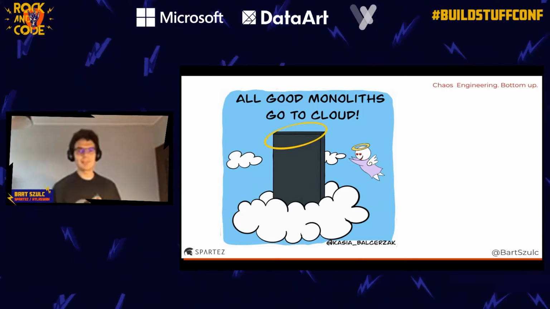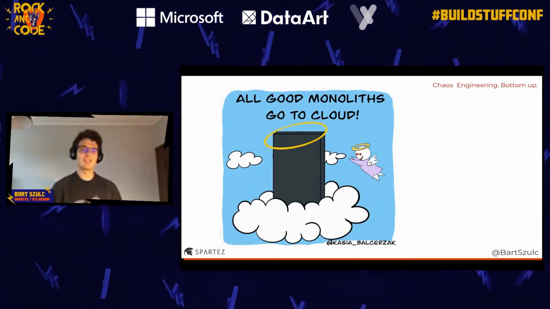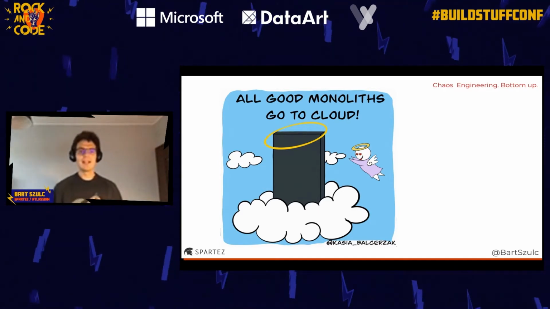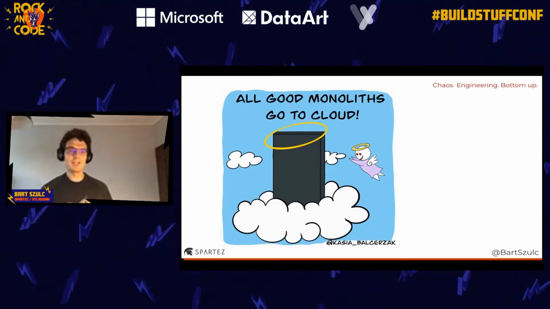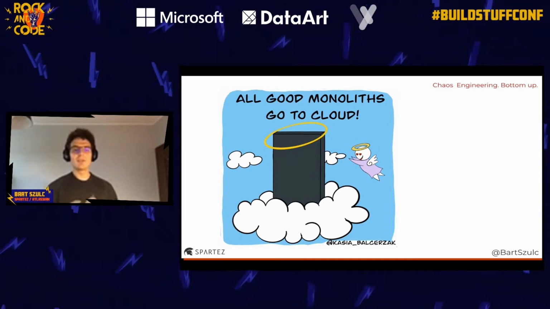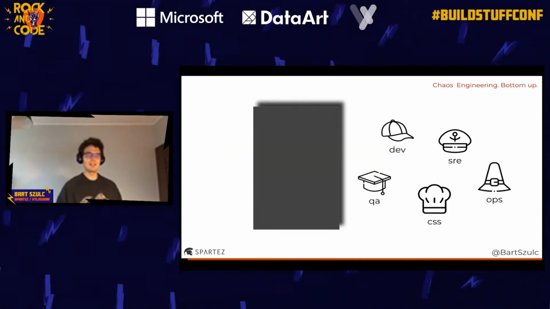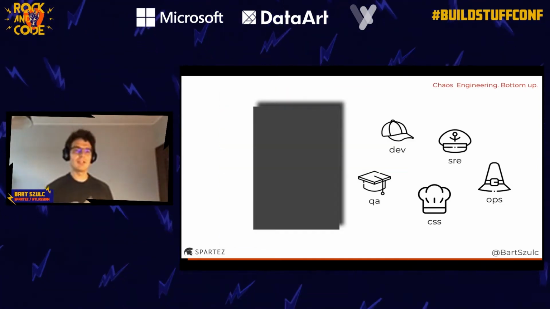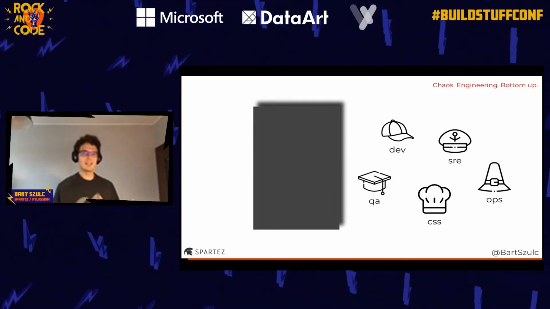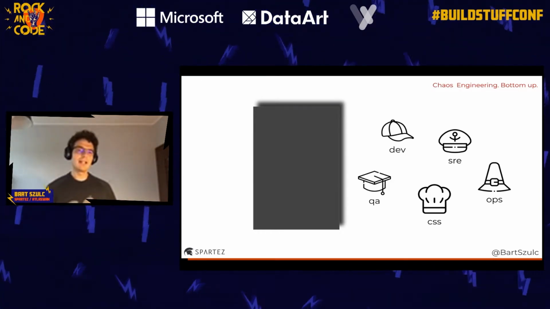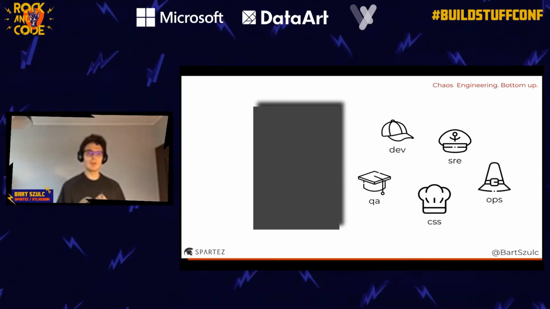We knew that we can expect a lot of changes when it comes to the architecture of the system, but what we didn't really appreciate was all the changes that were happening on the team level or on the organizational level. When we were working on the monolith, we had different roles.